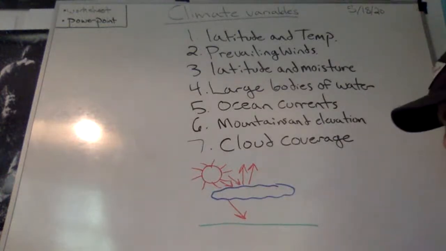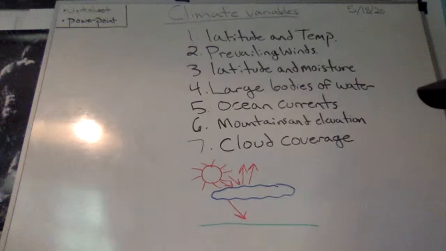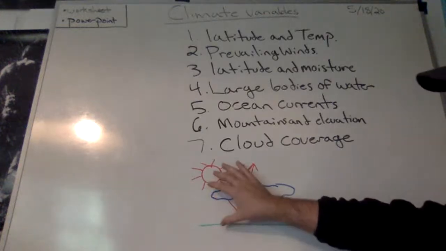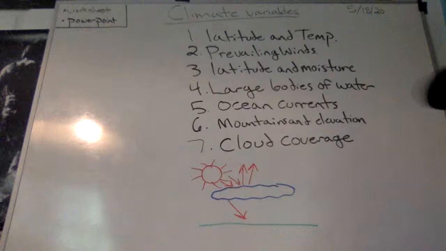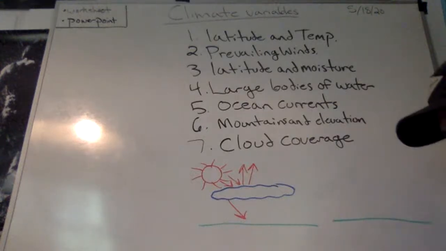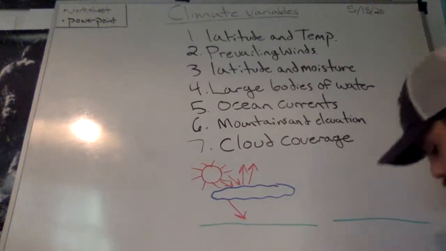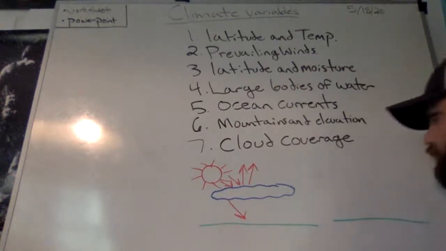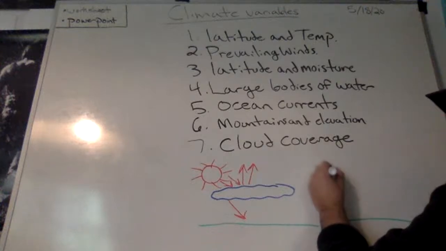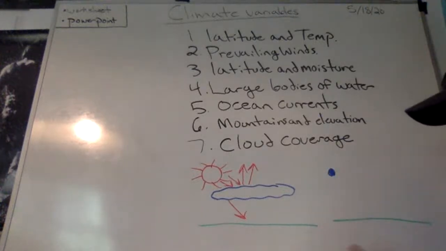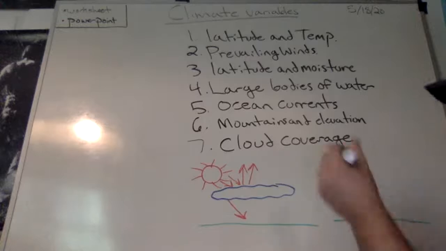Now, the same thing happens. So this is during the daytime. Now, during the night, so I'm going to put a moon. So here's our moon. Here are the same clouds.